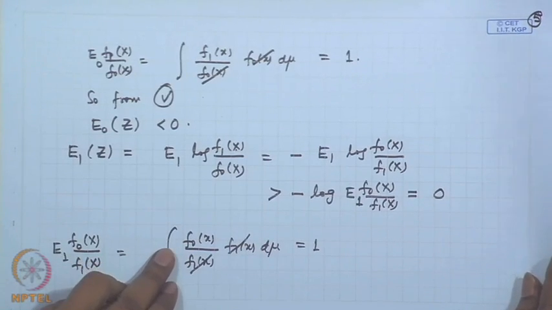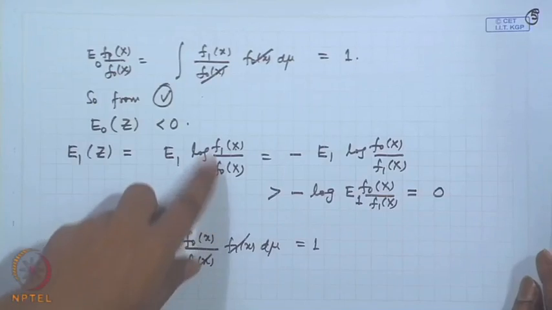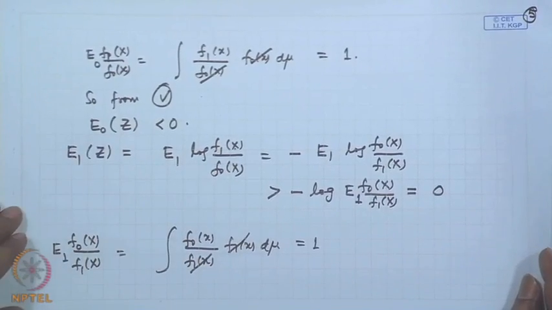So, there is one trivial exception here. The exception is that if f naught is equal to f 1, this quantity is going to be 0. So, this condition will not be satisfied, and of course, this relates to a trivial situation, because our testing problem itself is f naught against f 1. So, if they are the same, then there is no testing problem also.